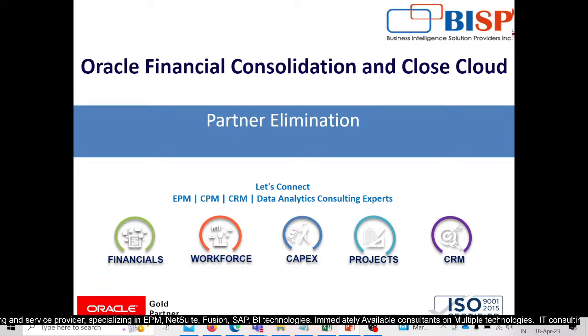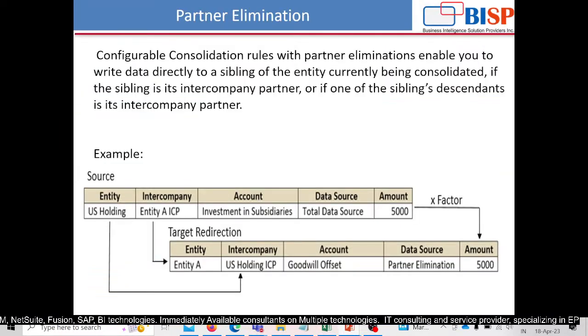Today in the advanced features in FCCS, I am going to tell you about partner elimination. When partner elimination is enabled at the time of application creation, we create configurable consolidation rules.